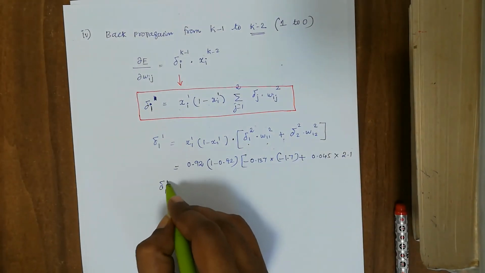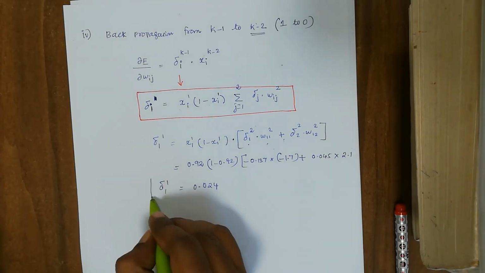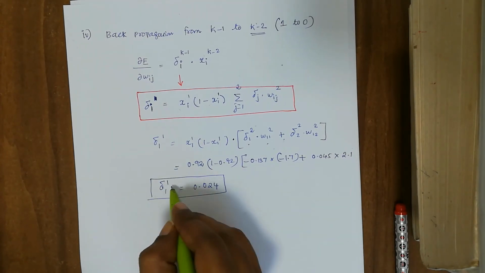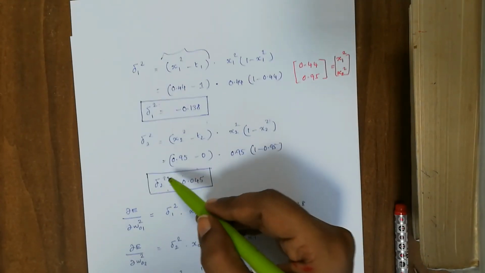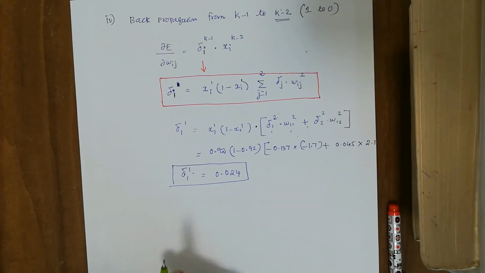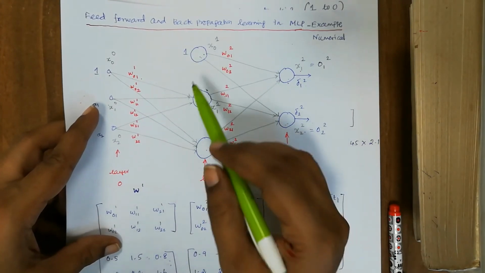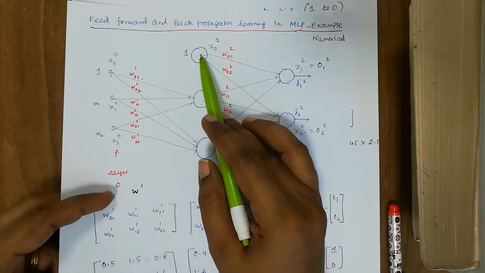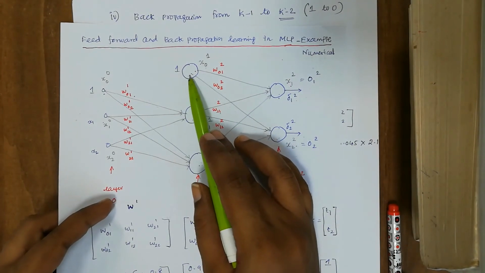Once we calculate this value, this is del 1 at layer 1. Previously we obtained del 1 and del 2 at layer 2, the output layer. Now we are computing del 1 and del 2 for this layer. We have to ignore the bias because there is no actual input; it is just an augmentation.